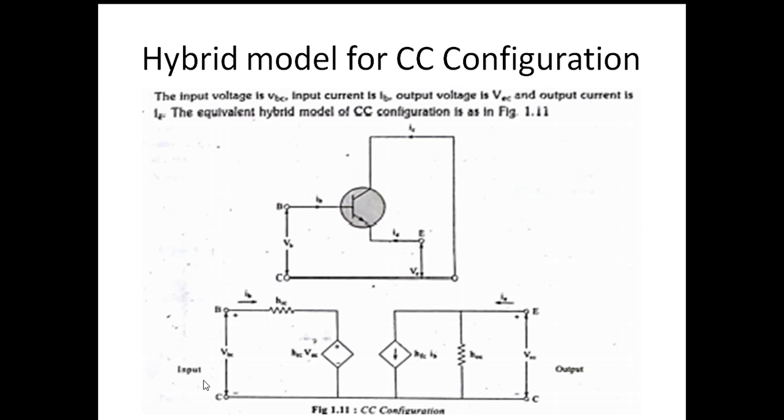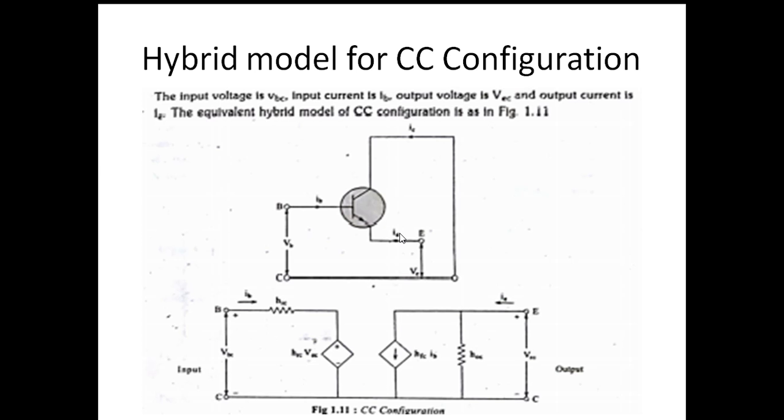Here the emitter is output and the collector is common. This collector is common to input and output. Collector is taken as input ground and emitter is the output terminal. Only this is the change.